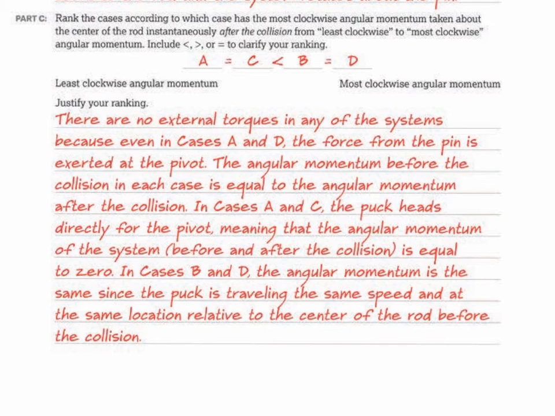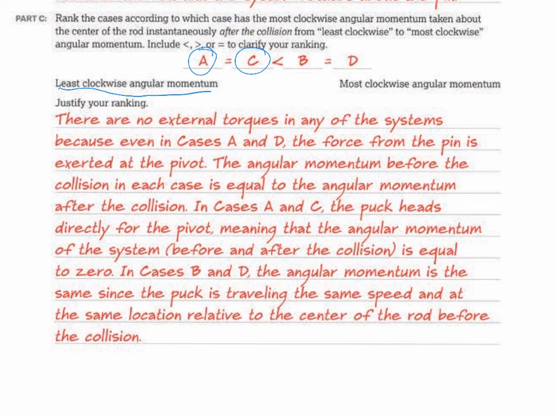So for objects A and C, when that ball collided in the dead center of the pivot point, there was no ability to rotate the object at all, and so your total angular momentum for those cases before impact was zero, and it's conserved. The total momentum after is still zero, but that's why they would have the least clockwise angular momentum, because it started at zero and stays at zero.